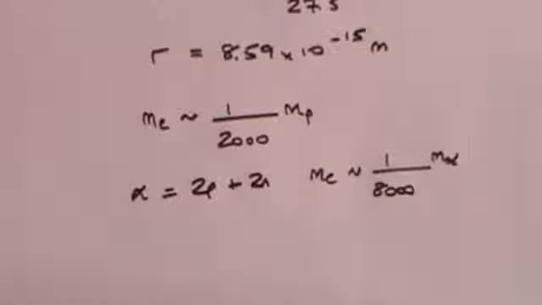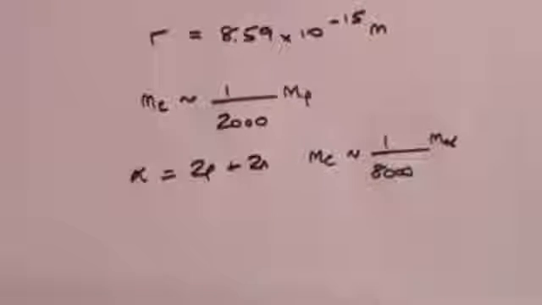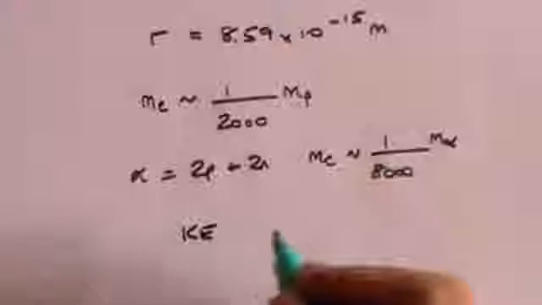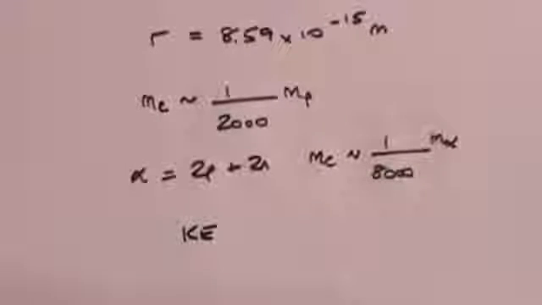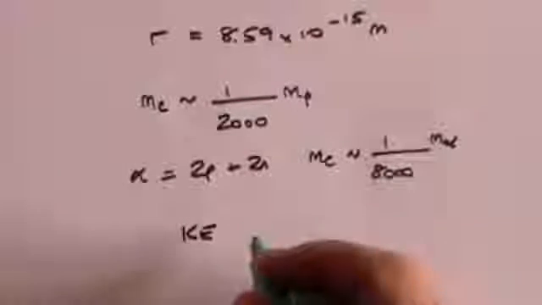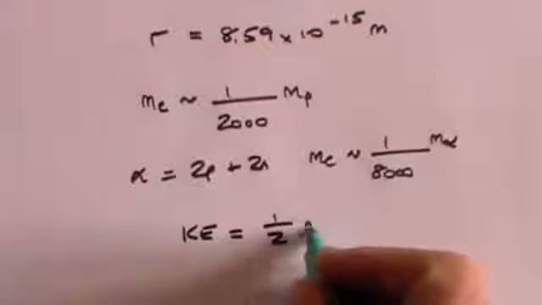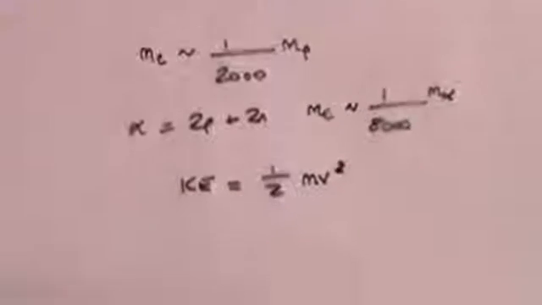So if you want the kinetic energy of the electron to be broadly comparable to the kinetic energy of the alpha particle, remember that kinetic energy is a half mv squared.